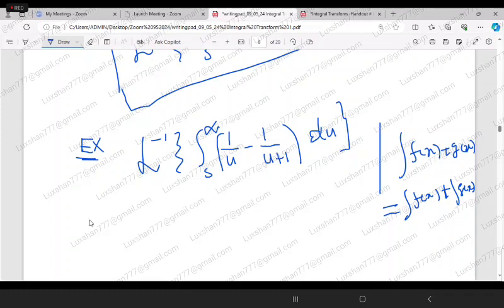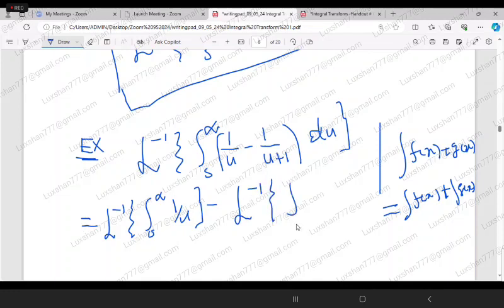Therefore, you can write this as the inverse Laplace transform of the integration from s to infinity of 1 over u, and using the linearity property of the inverse Laplace transform, minus the integration from s to infinity of 1 over u plus 1.